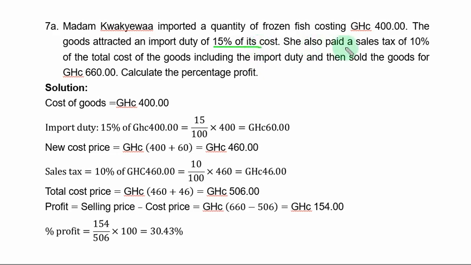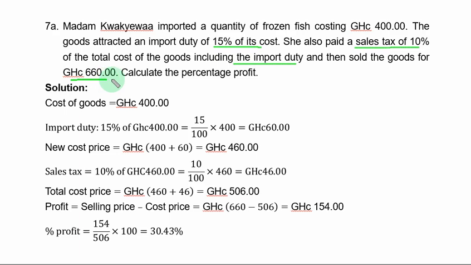She also paid a sales tax of 10% of the total cost of the goods, including the import duty. You need to know that. And then sold the goods for 660 Ghana cedi. Calculate the percentage profit.